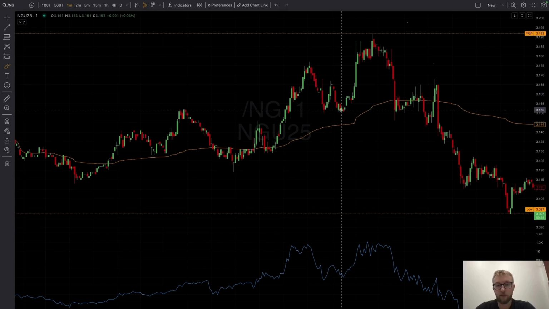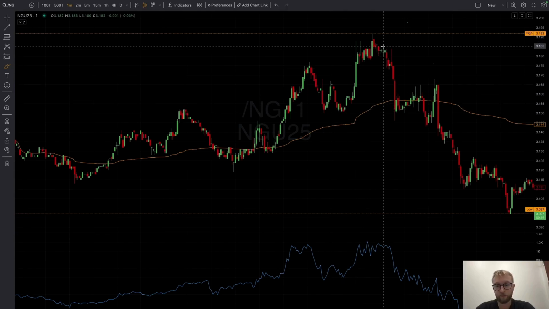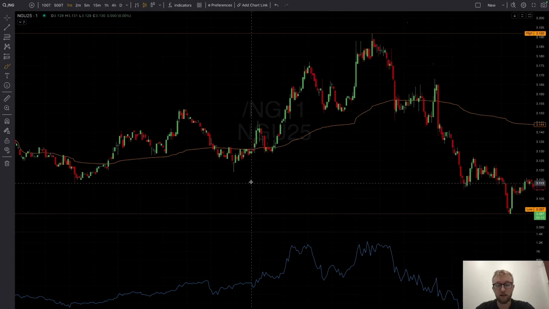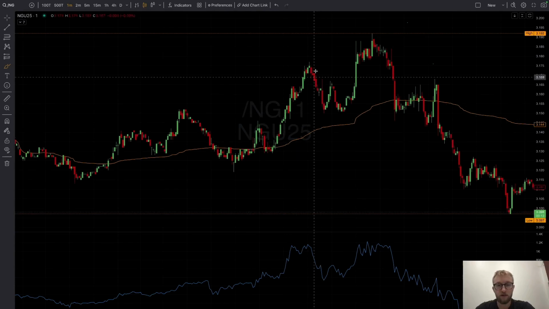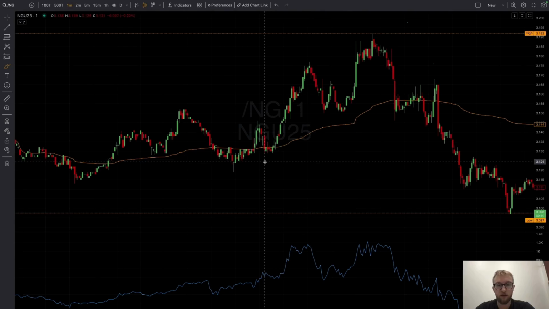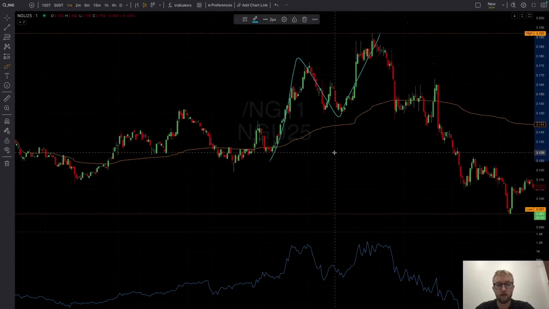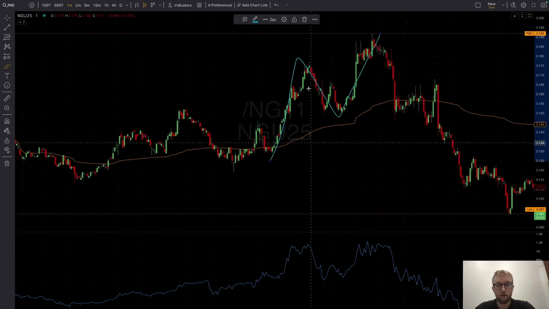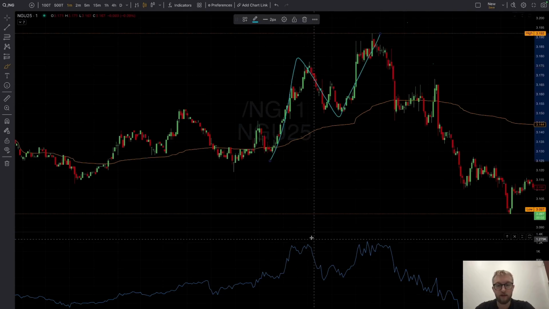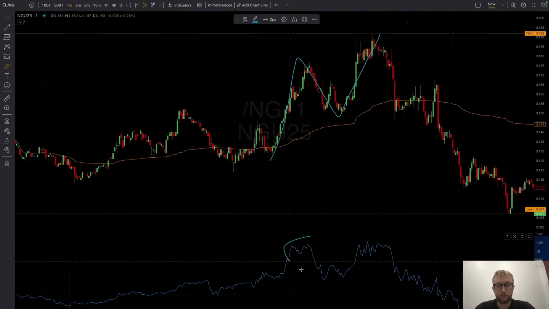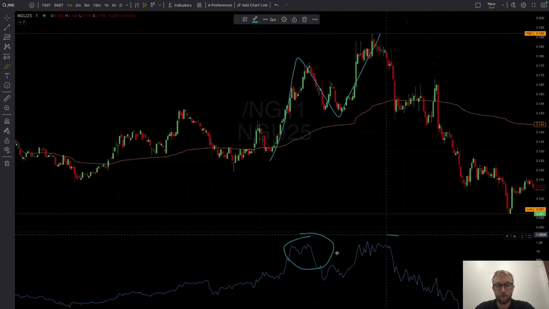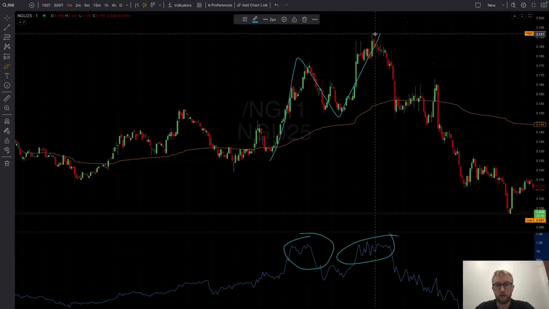Let's look at some more examples within this as well. So you can see, this is a trend. And then you could also say there's a larger trend right here. This is also a trend. And so we see right up here, this is the top. This is a top. This is a top.